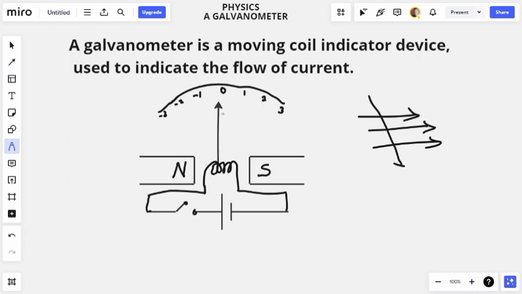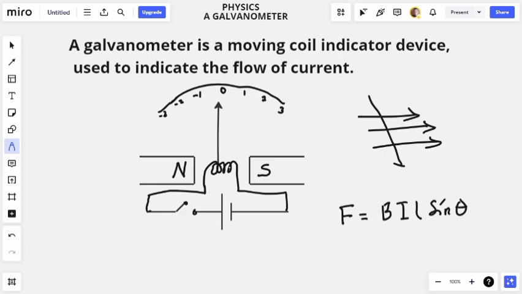So the amount of force or sensitivity of this galvanometer depends on, from the theory of electromagnetism, electromagnetic force. Electromagnetic force depends on the strength of the magnetic field labeled B, and also depends on the current in the conductor, and then also on the length of the conductor, then the sine of the angle at which the conductor is placed.